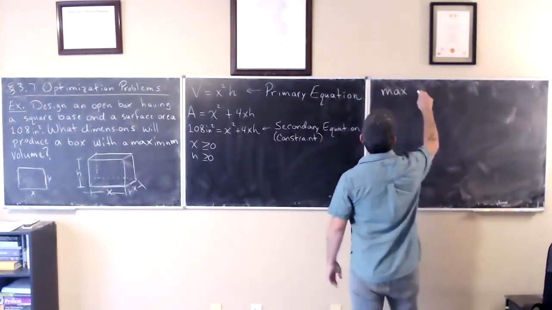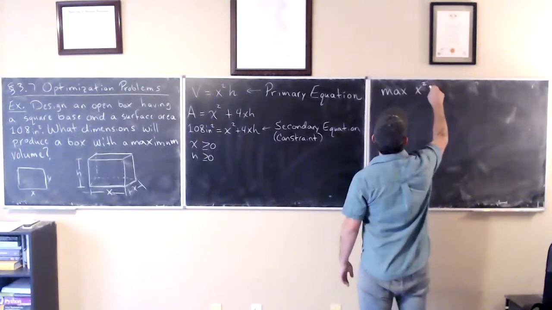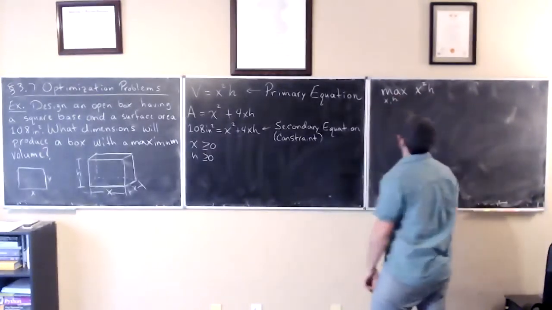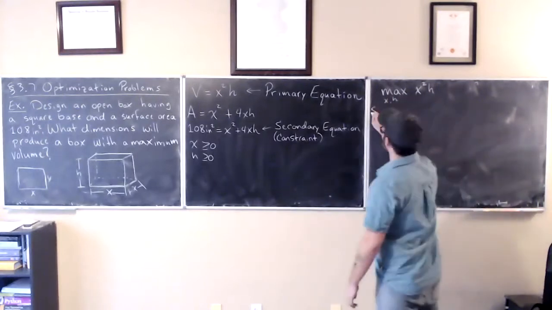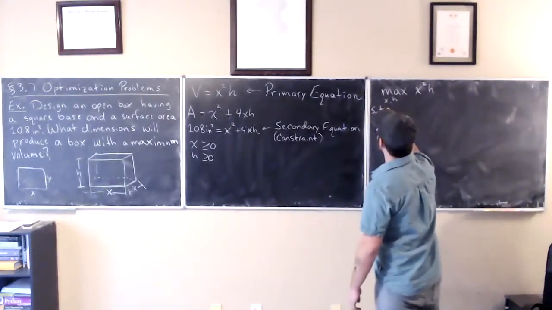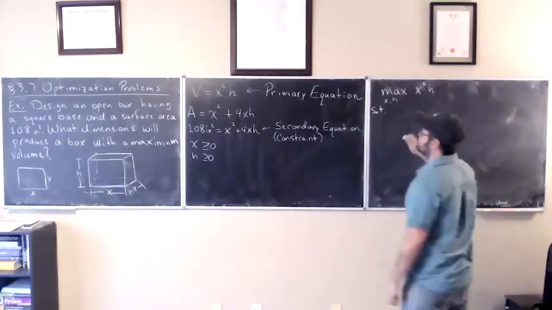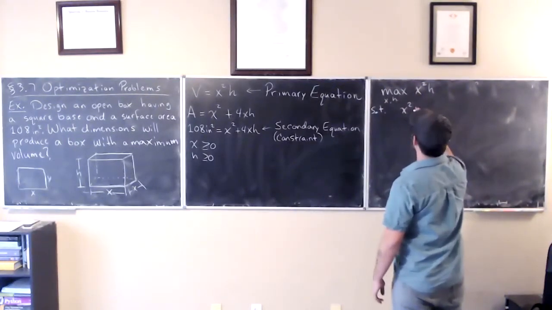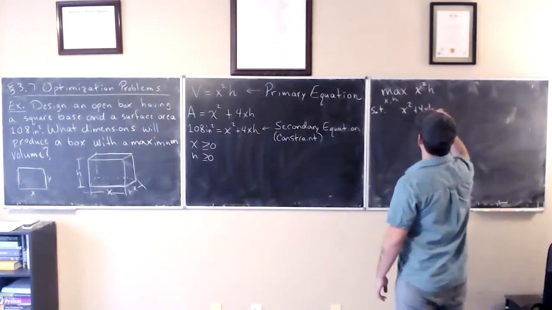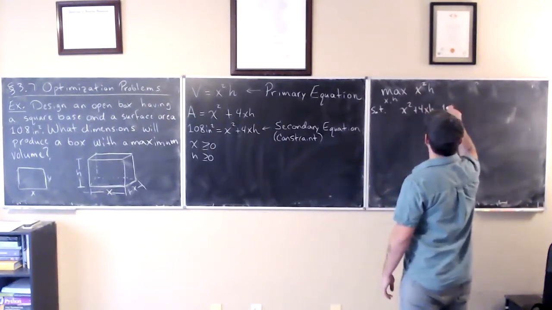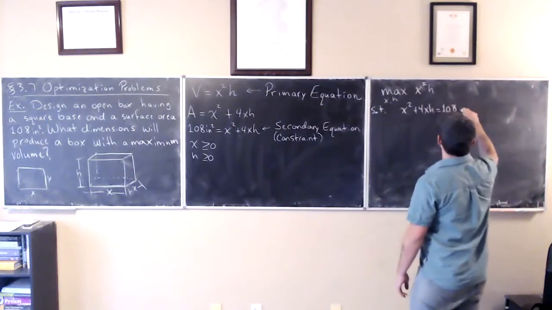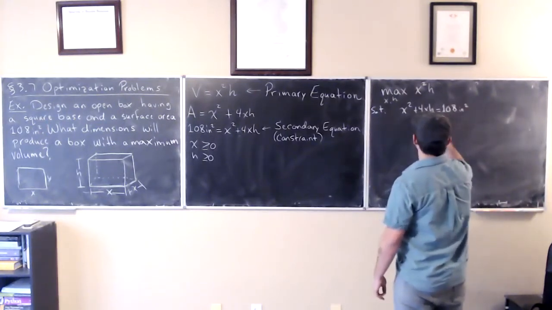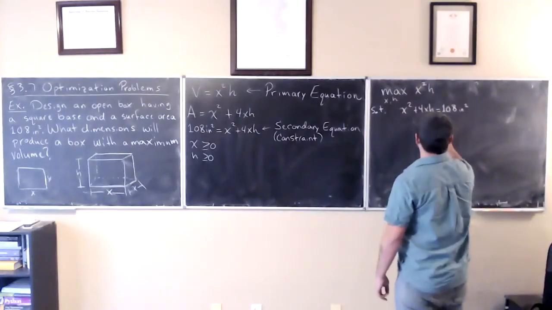We want to maximize x squared times h, where we're choosing variables x and h, such that x squared plus 4x times h is equal to 108 square inches, and x greater than or equal to 0 and h greater than 0.